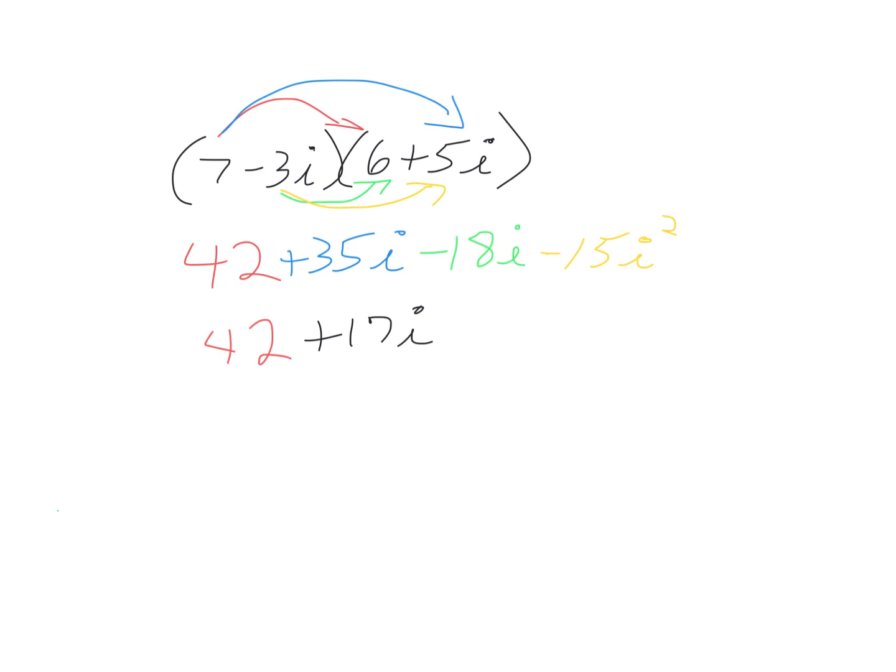So basically, you're going to end up with 15. And then 42 and 15, you can combine those two. It's going to be 57. So our final answer is going to be 57 plus 17i.